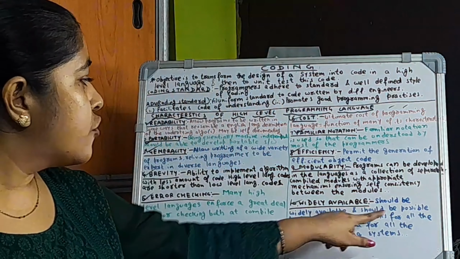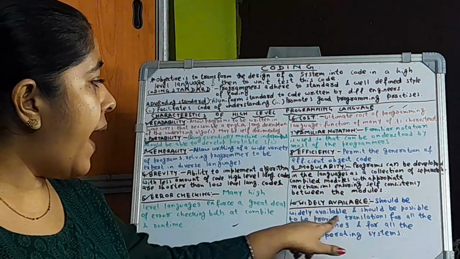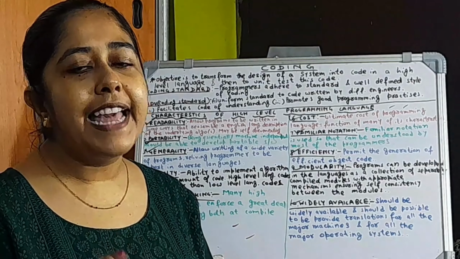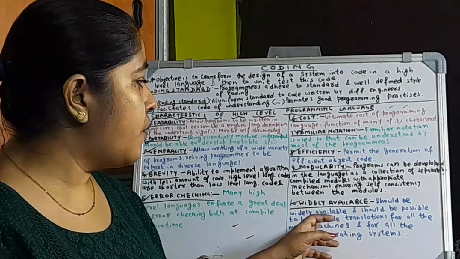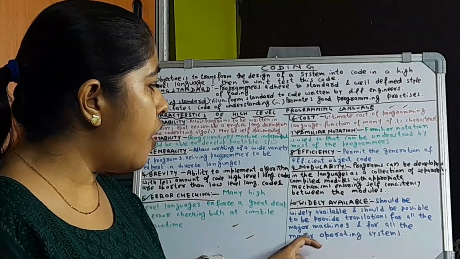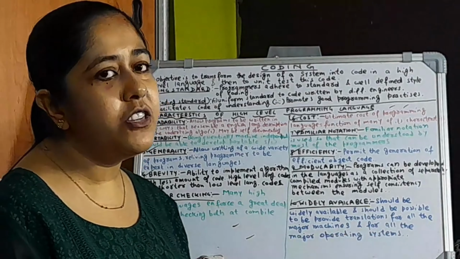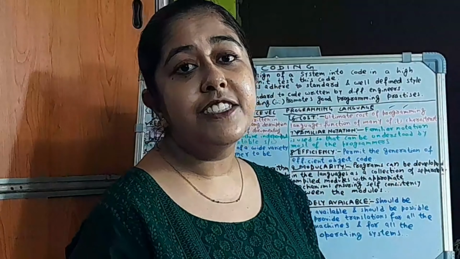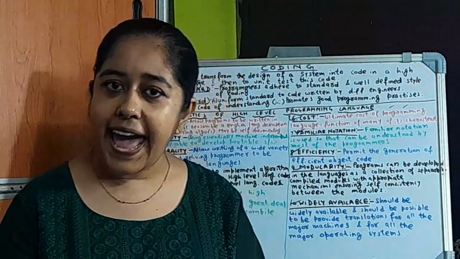Whenever you are using it in any particular environment, any particular system, any operating system, these languages are easily available. So these are basically the characteristics of our high level language.